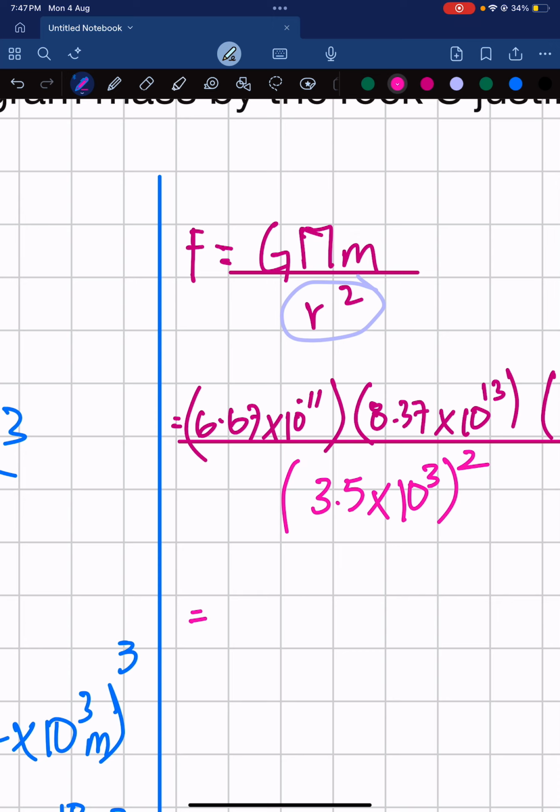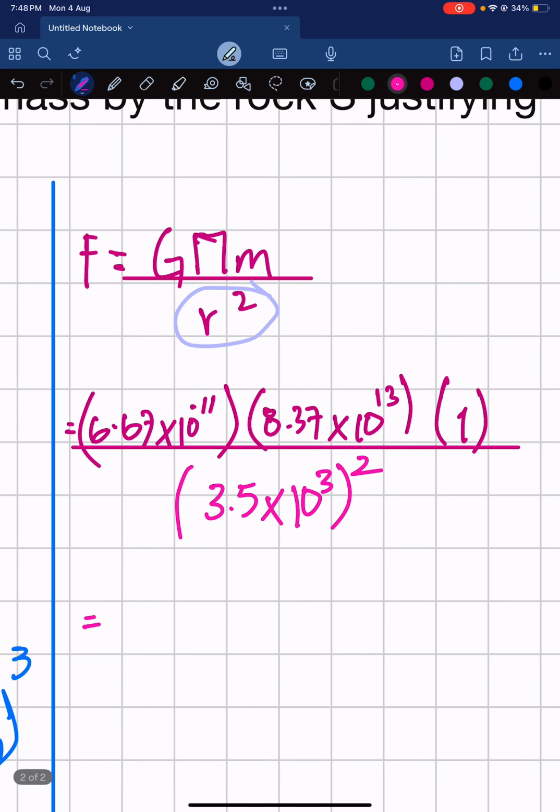So we will just use our calculator. So our answer is 4.557 times 10 to the power of -4 newtons.